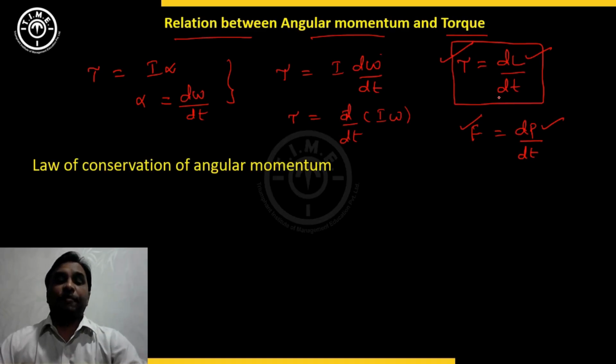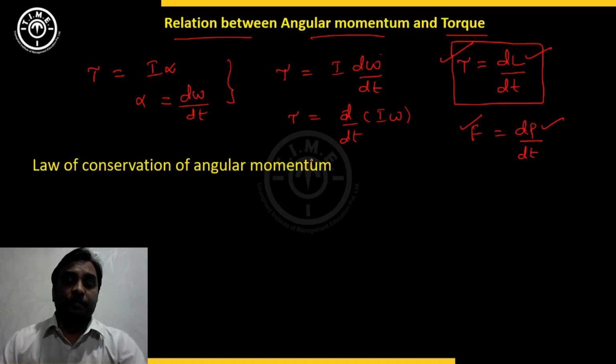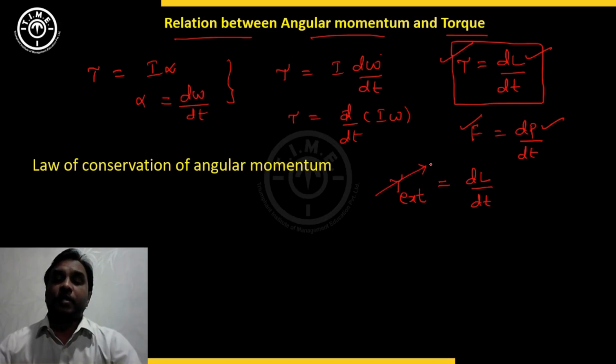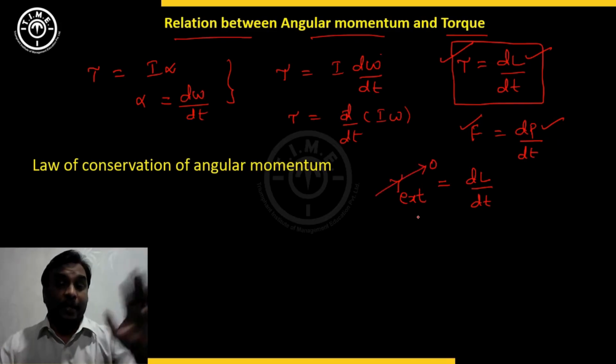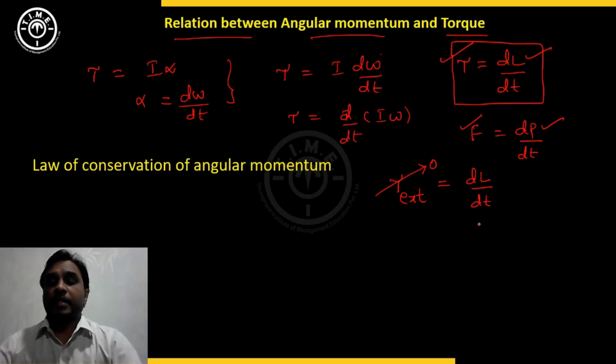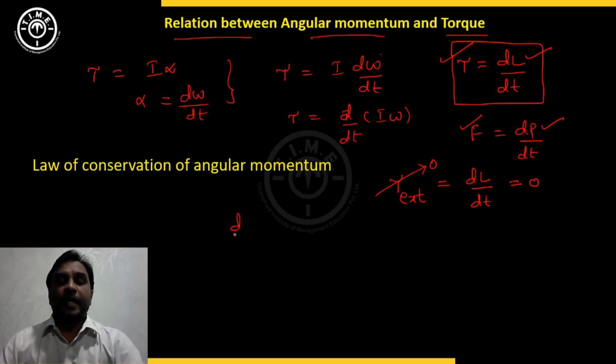Now what is the law of conservation of angular momentum? In the absence of external torque, torque can be written as dL by dt. In the absence of external torque, then you can write dL by dt is equal to 0.